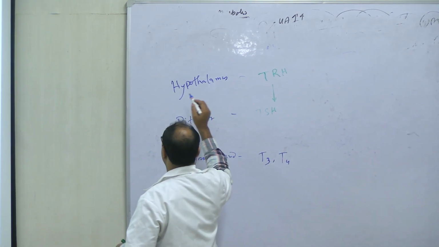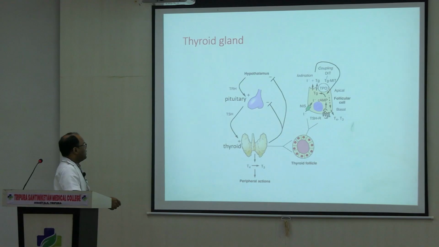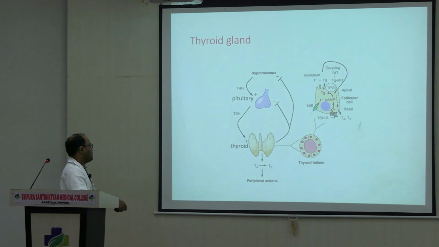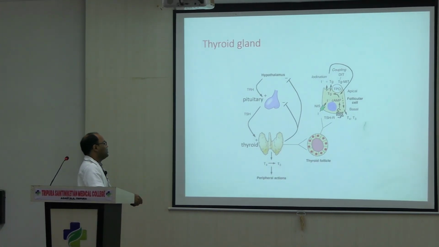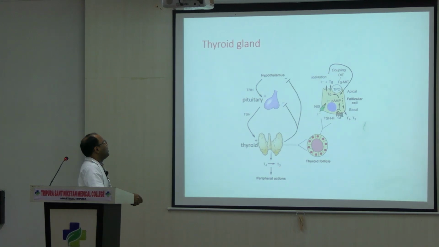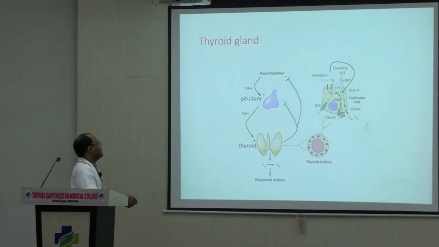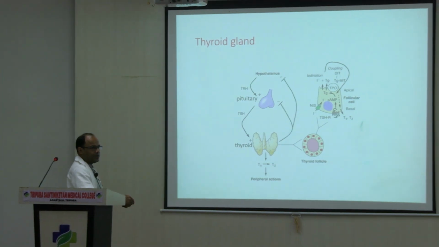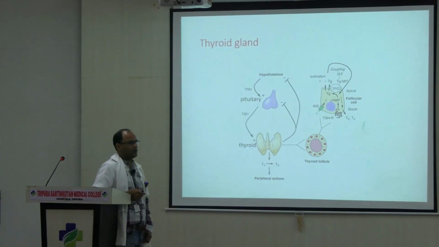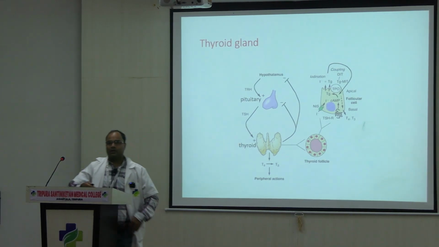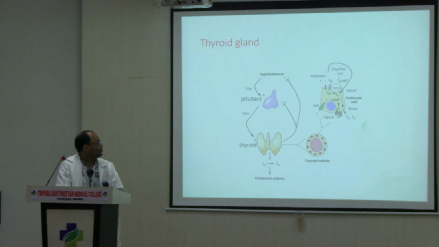This is called the hypothalamo-pituitary-thyroid axis. In the thyroid gland, we have thyroid follicles. In the follicle, we have these cells, and one multifunctional enzyme called TPO, thyroid peroxidase. This is a very important enzyme.